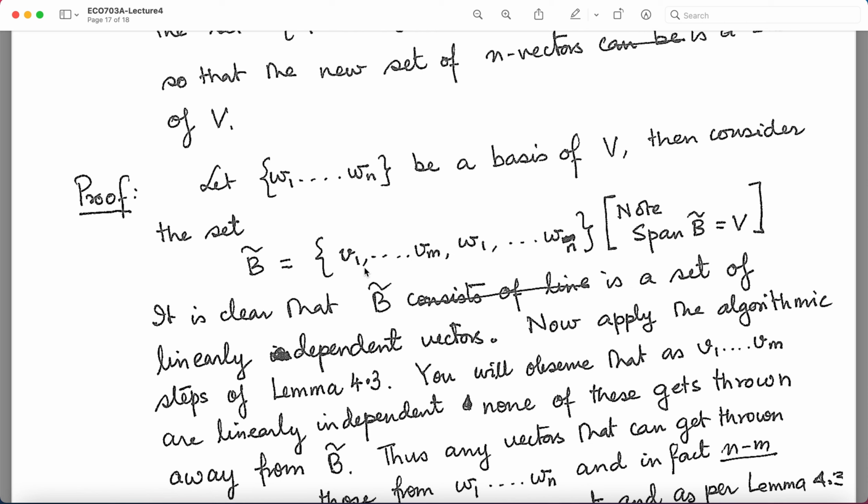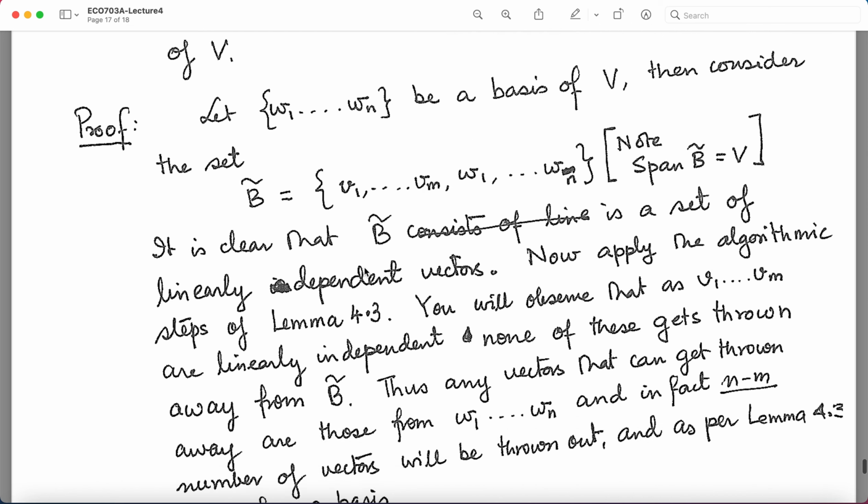Individually V1, V2, ..., Vm is linearly independent, and W1, W2, ..., Wn is linearly independent, but when taken together they form linearly dependent vectors. Now, apply the algorithmic approach of what we have just learned, the lemma 4.3.